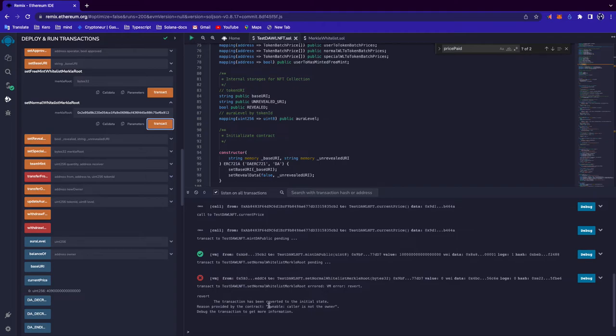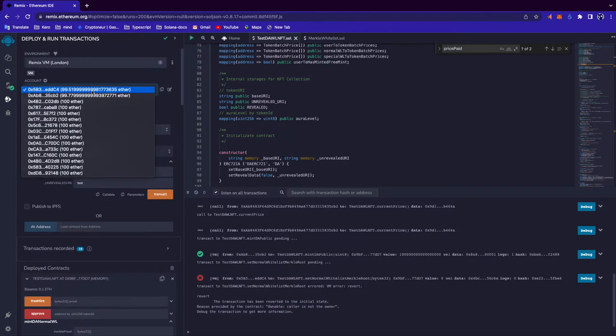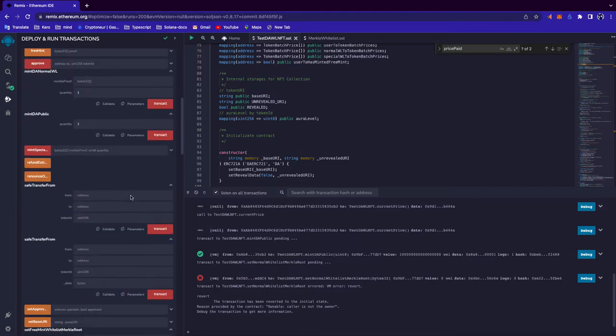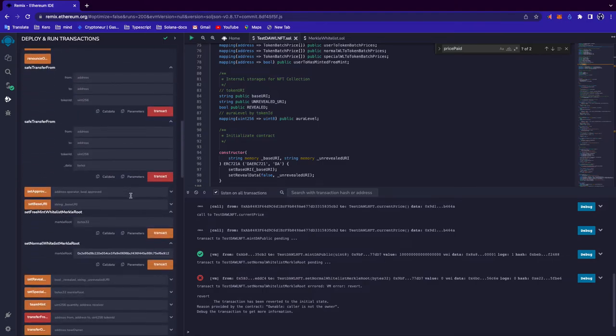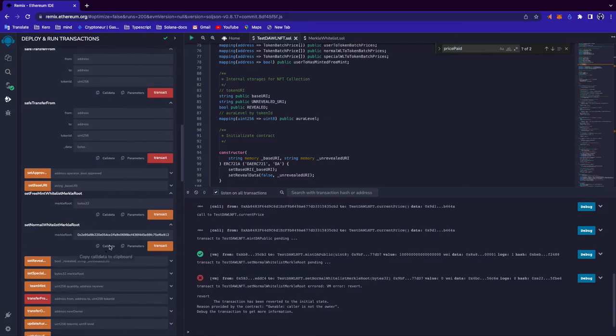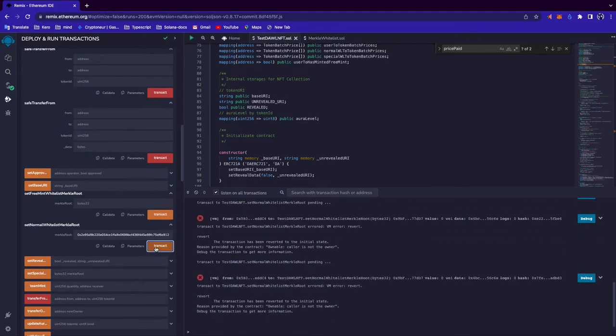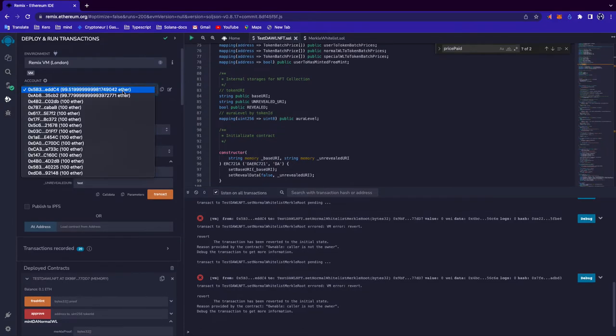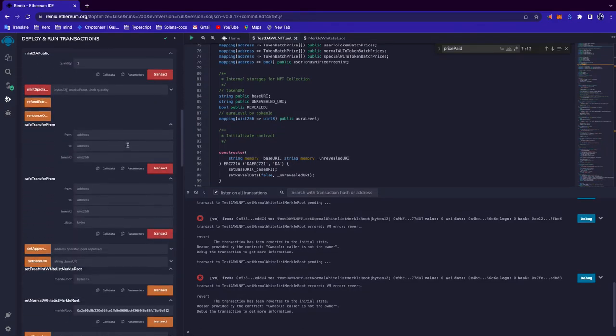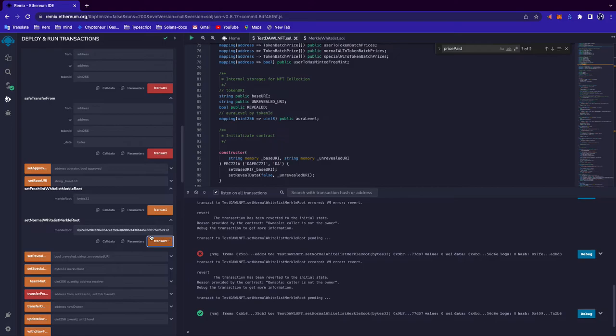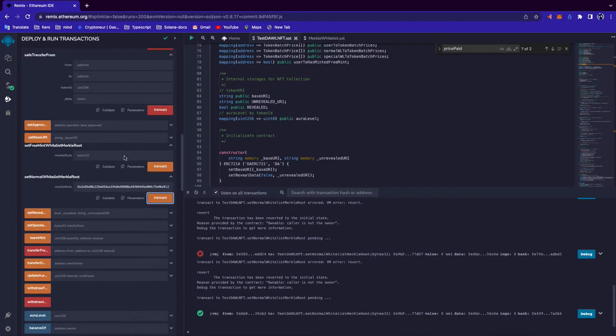Okay, only the owner can set this address Merkle root. I tried it again. Why is it not the owner? Maybe this other account is the owner. Let's see. Okay.